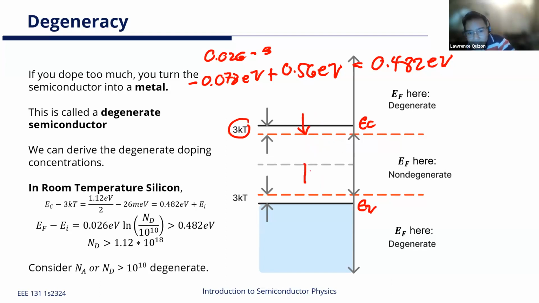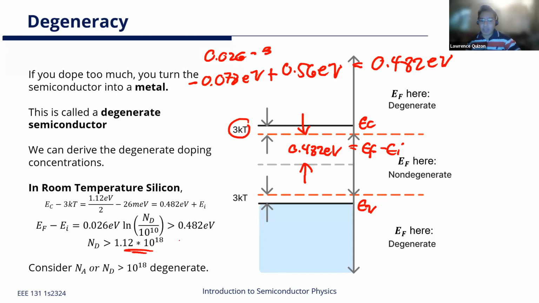Now we know that this distance is 0.482 electron volts. Eh ano yung distance na yon? That's EF minus Ei at degeneracy. No? So, I substitute that to the equation, no? kT ln N over Ni, right? Was the equation for the Fermi energy level, right?